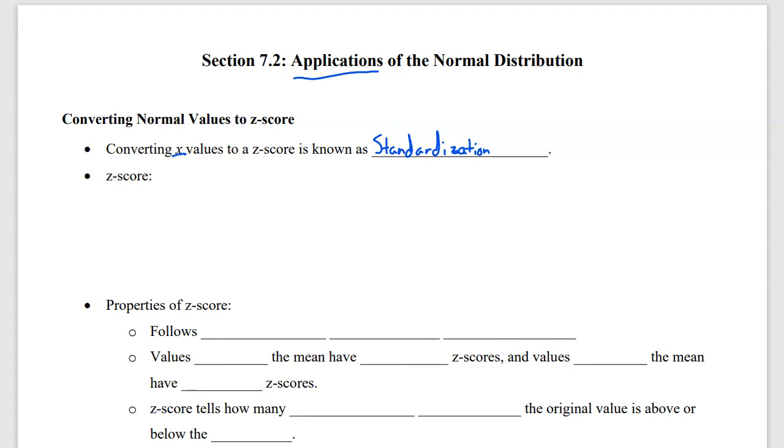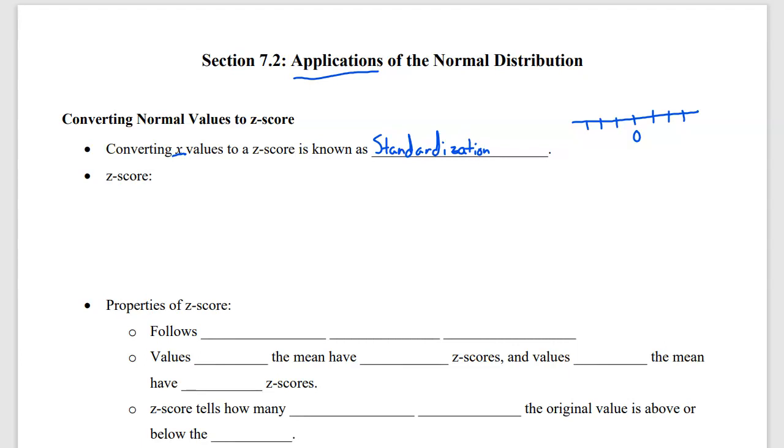We're wanting to make everything on that z-score scale where we have a 0 in the center and we have standard deviation of 1, so that we can compare items. Because if we don't have that, then we can't really compare.